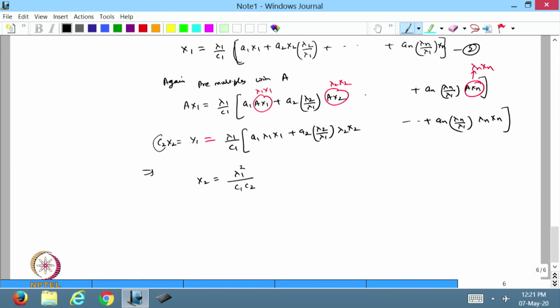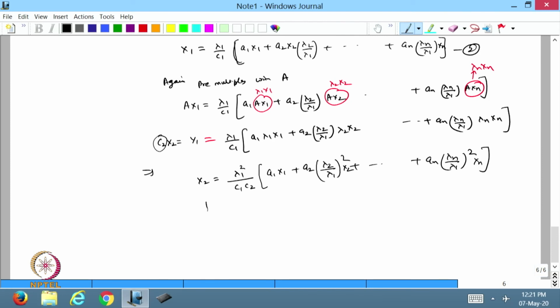This is the highest value we are taking to make this vector a normalized vector. From here I can write this as a1 x1 plus a2 lambda 2 over lambda 1 squared, and then an lambda n over lambda 1 squared xn, and so on.